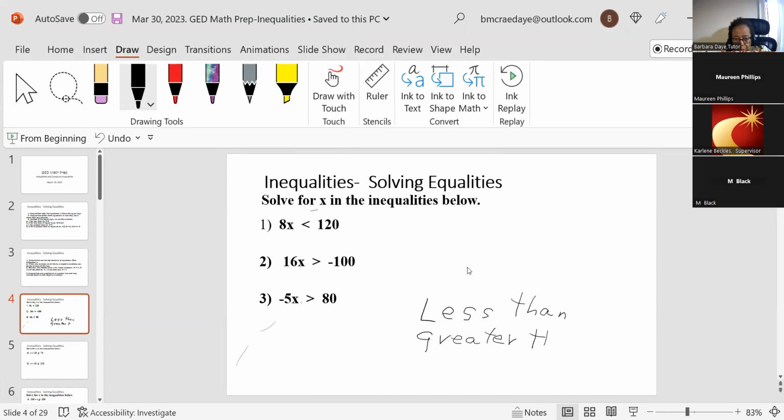Those 1, 2, 3 are all less than or greater than. There's no less than or equal or greater than or equal. So you can just write it out. Okay. So I need you to do those and send them to me via the chat.